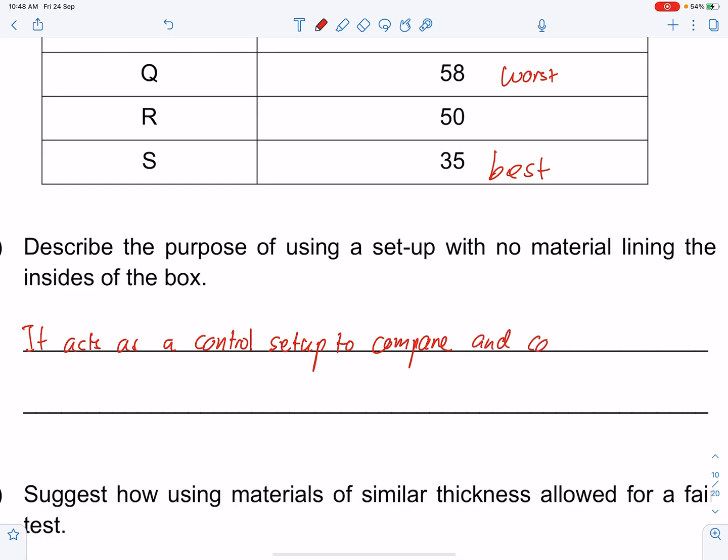Compare and confirm, okay, that the change in sound level outside the box is only due to the type of material and nothing else.